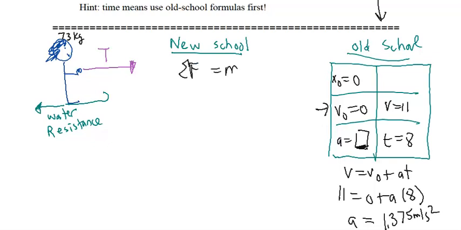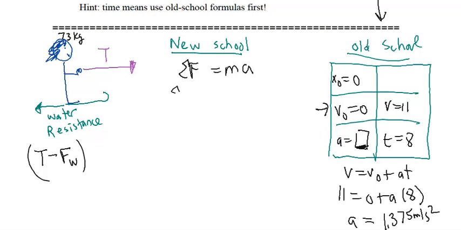Now, most of the problems you'll do for me, I will give you the tension and you'll find water resistance. I find that more helpful to know what each of these things are individually. But this question says find the net force, which is technically tension minus force of the water resistance together, just like when we did fan minus friction at the beginning of the year.